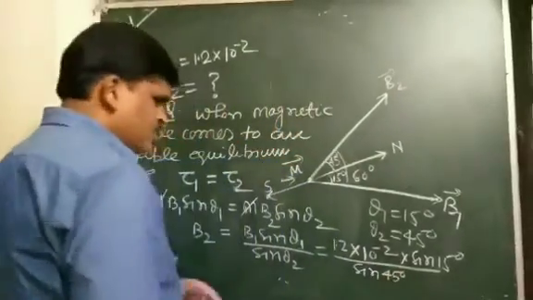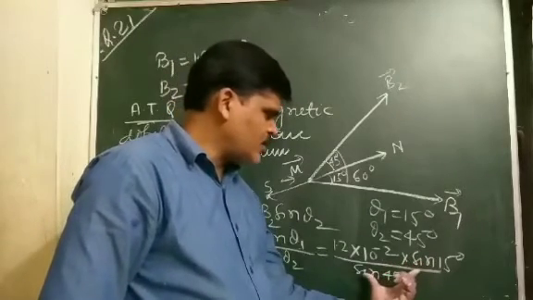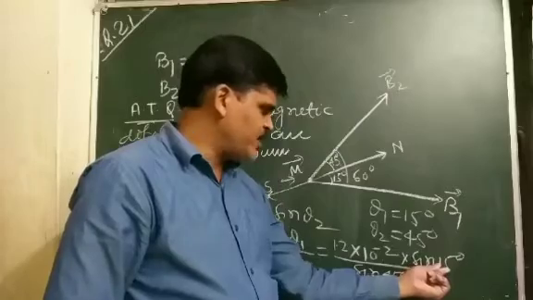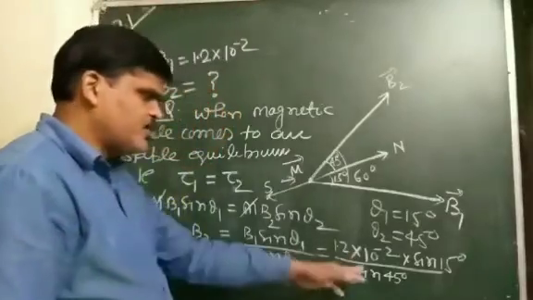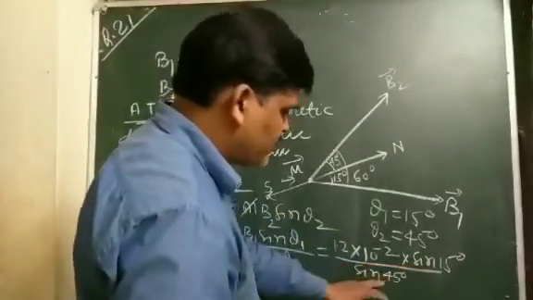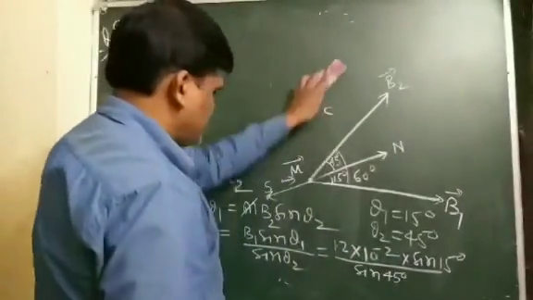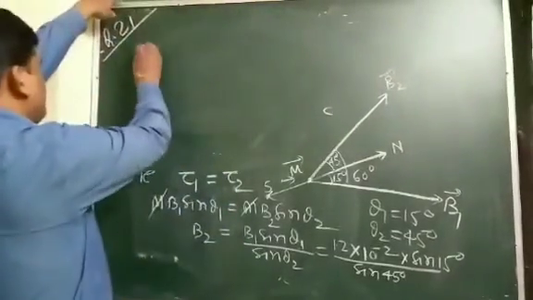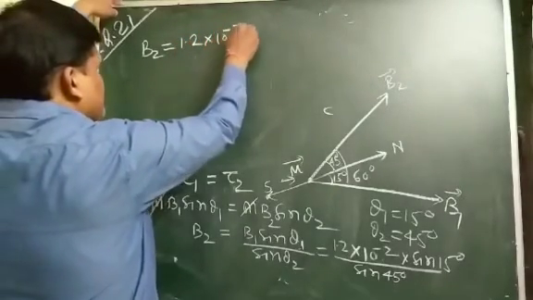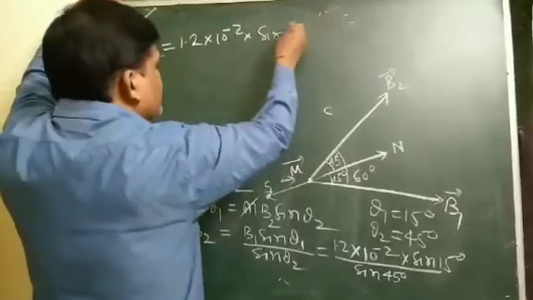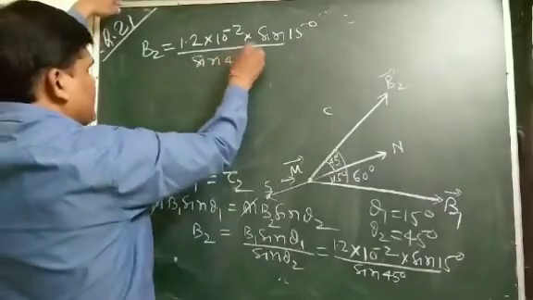Student, again we use the natural sine table in the log book. Write the value of sin 15 degree and the value of sin 45 degree. Sin 45 degree is 1 by root 2, but you can use the natural sine table of the log book. So B2 can be written as 1.2 into 10 to the power minus 2 into sin 15 degree by sin 45 degree.